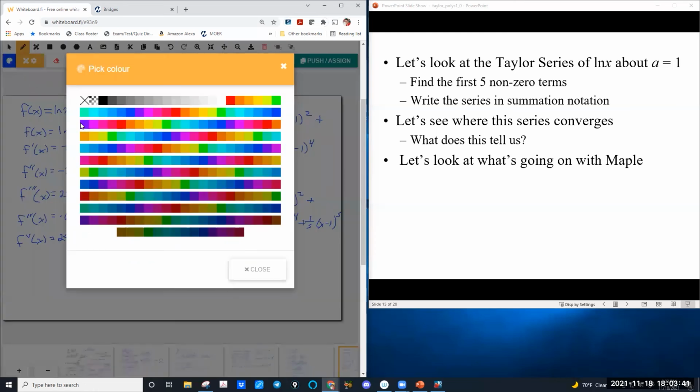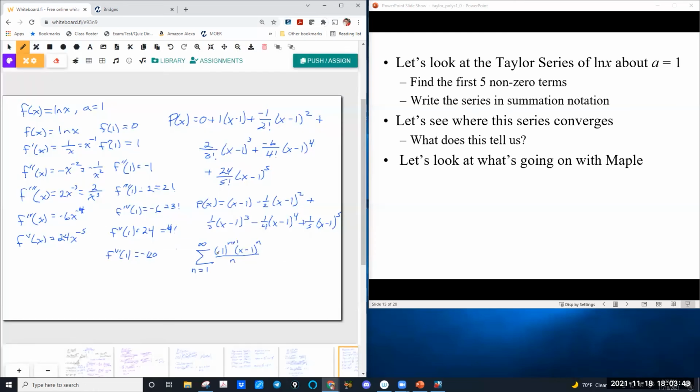Now, the advantage of doing that is we can find the interval of convergence, or the radius of convergence, whichever we're interested in. Limit as n goes to infinity. Remember, we don't have to include the alternating piece. x minus 1 to the n plus 1, over n plus 1, and then the reciprocal, n over x minus 1 to the n.